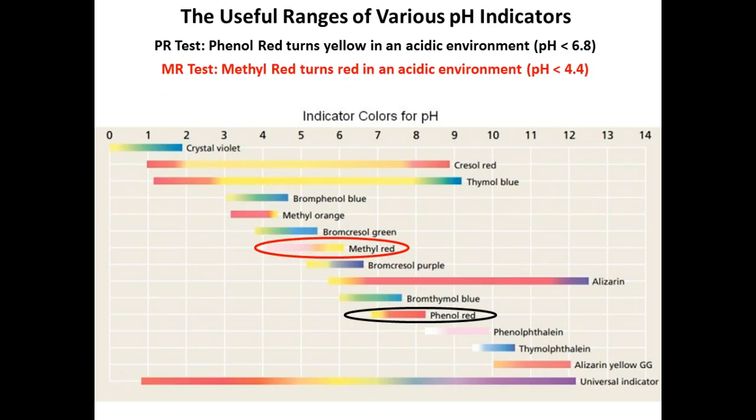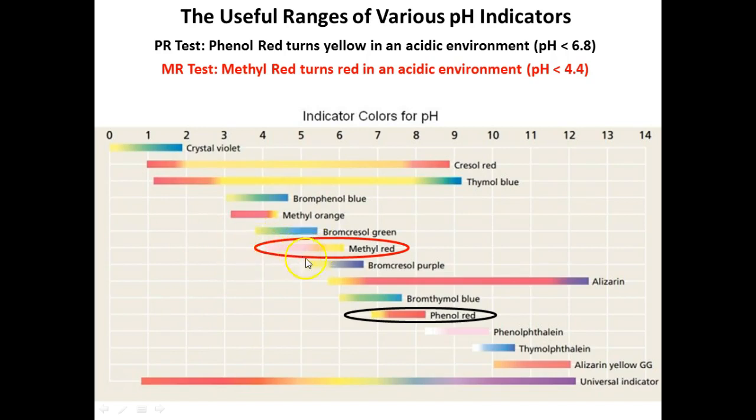Methyl red, in an acidic environment of 4.4, is going to turn red. I mean, stay red, in this case we started with it at an acidic level.